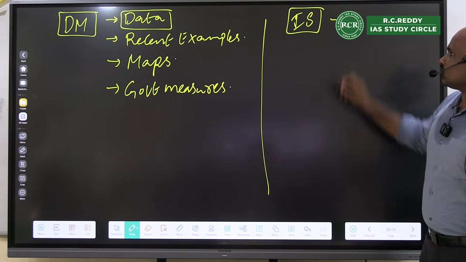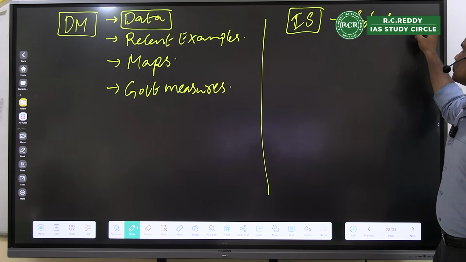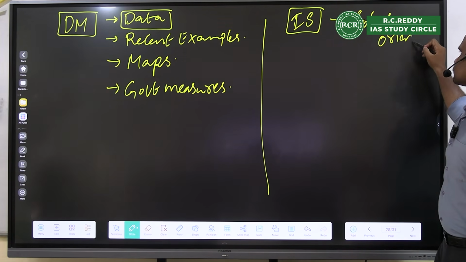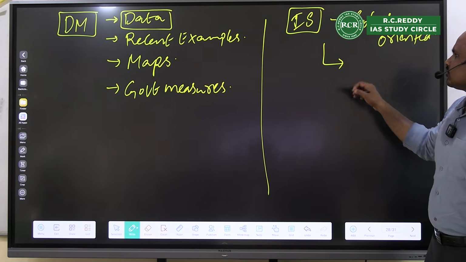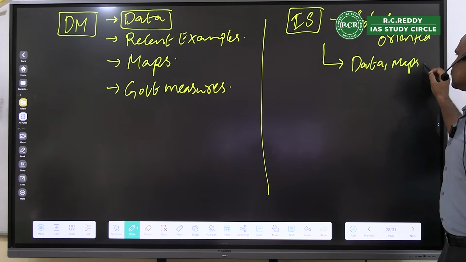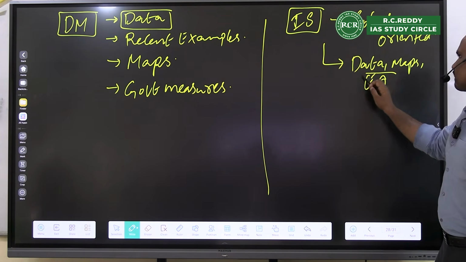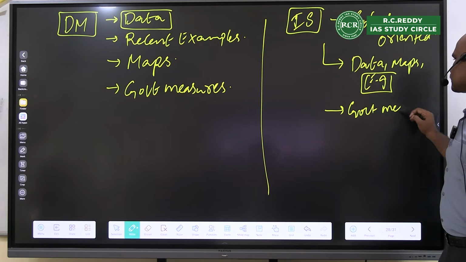Now when I am talking about internal security, please understand this has to be solution oriented when I am writing. The second thing that you will have to remember here is data, maps, examples, and definitely government measures.